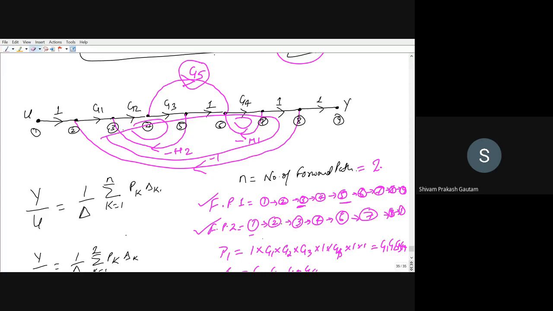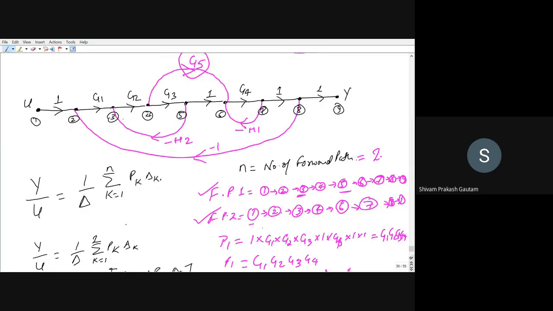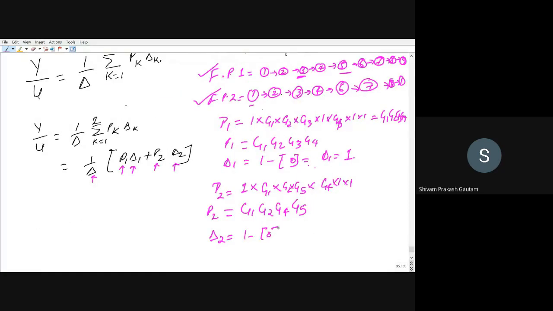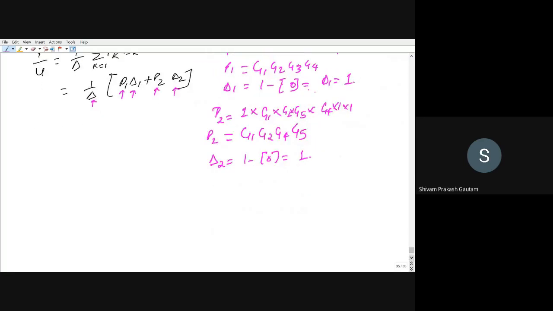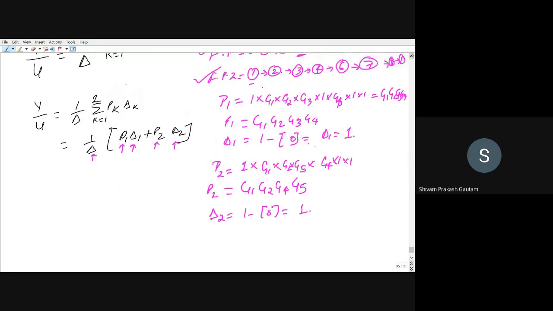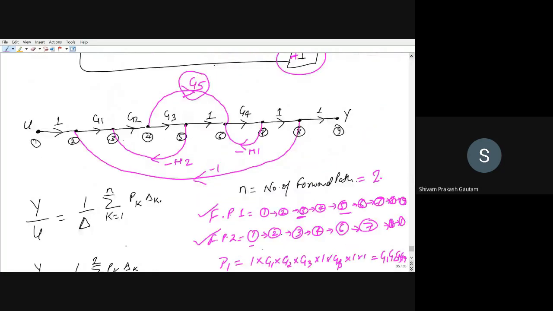So there is no loop present which is not touching the forward path. So del 2 will also be 1 minus 0, so del 2 will also be 1. We have calculated P1, del 1 and P2, del 2. Now we have to calculate del. Let me just copy this here.